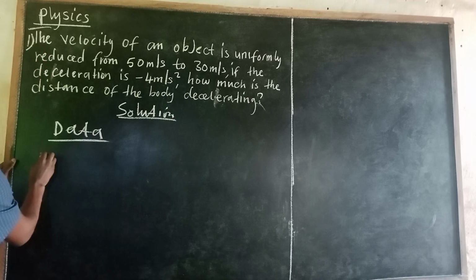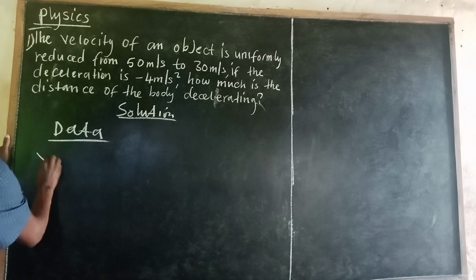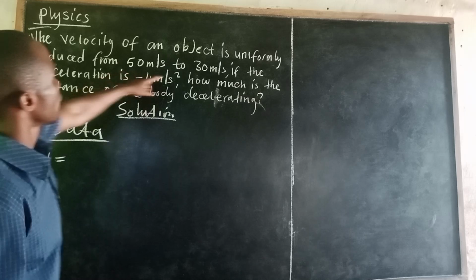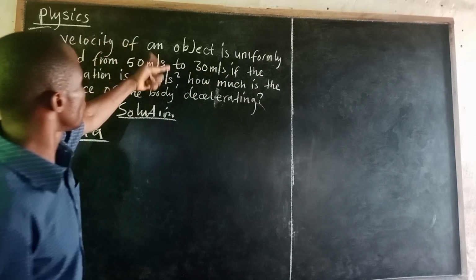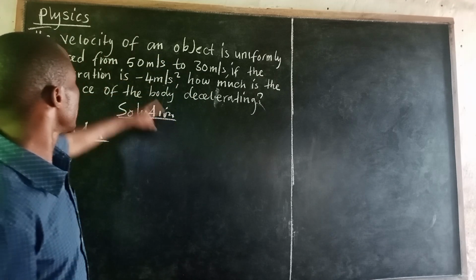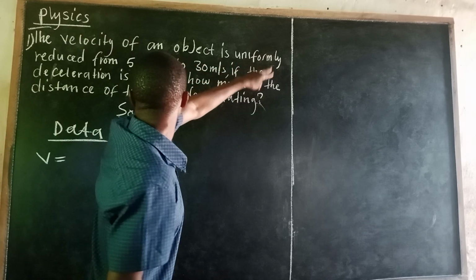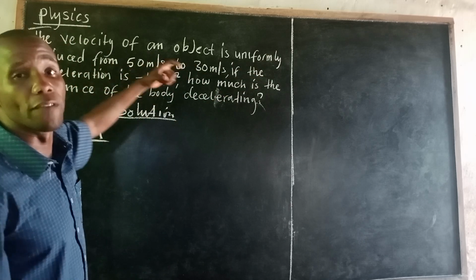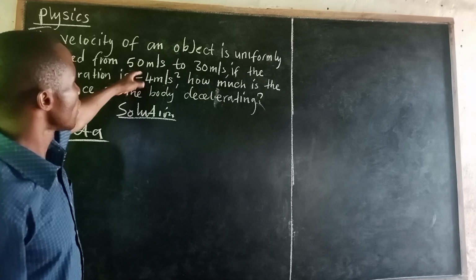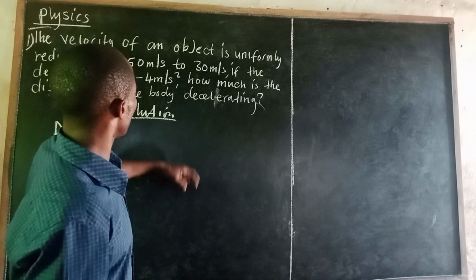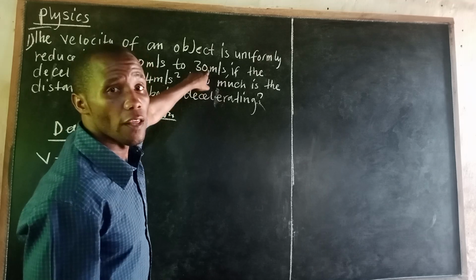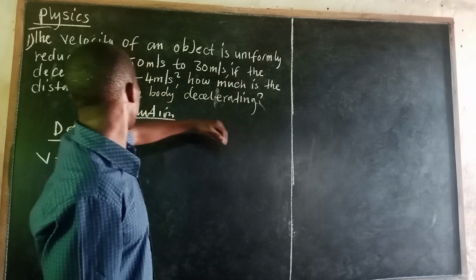We are given final velocity, which in this case is 30, because this object was decelerating. The initial velocity was 50 because it was moving uniformly at this velocity. Then it decelerates to 30 meters per second.